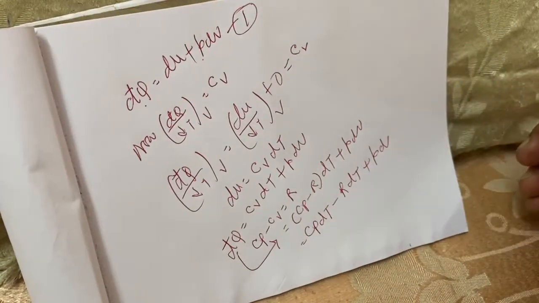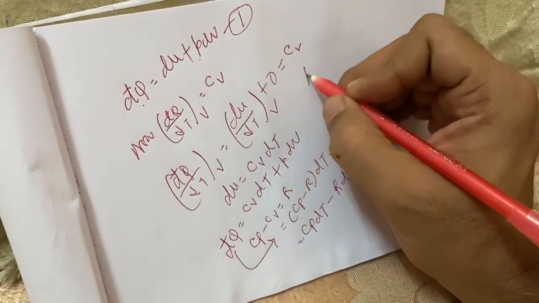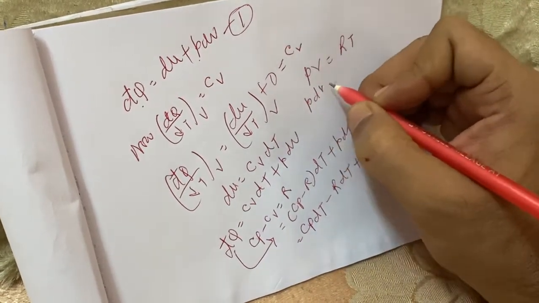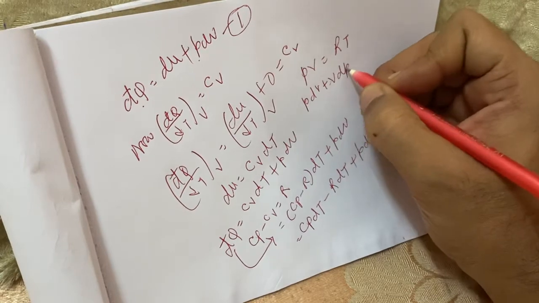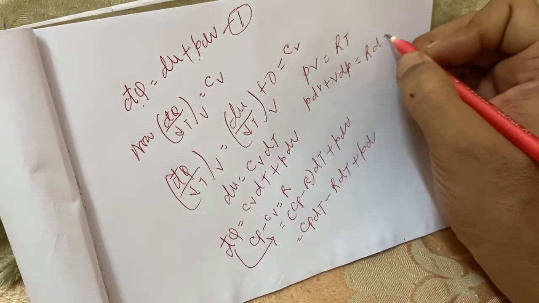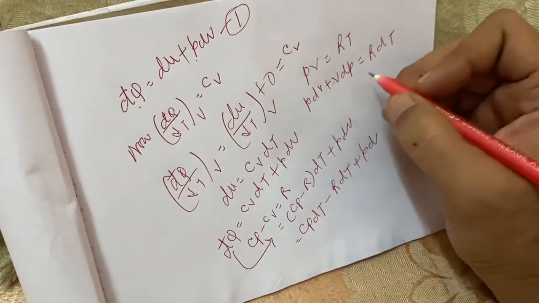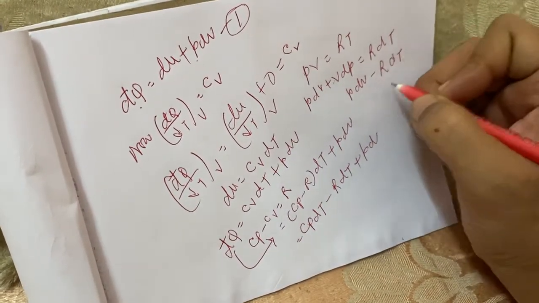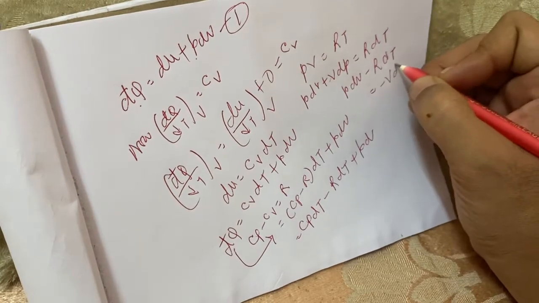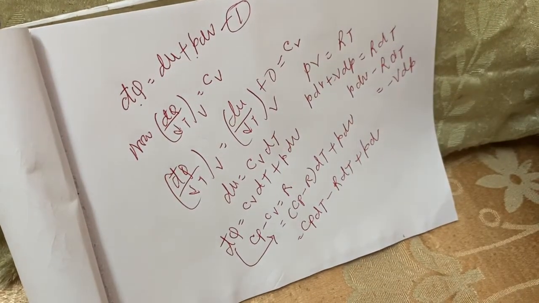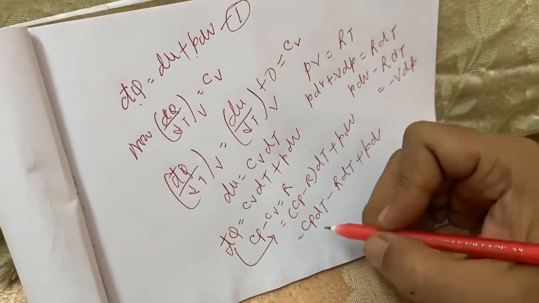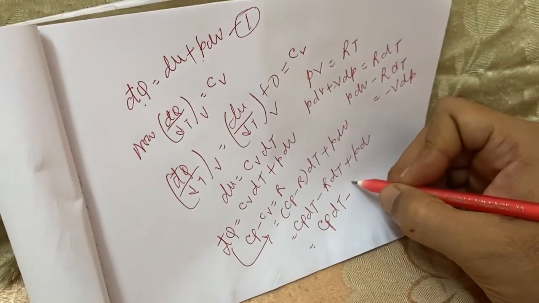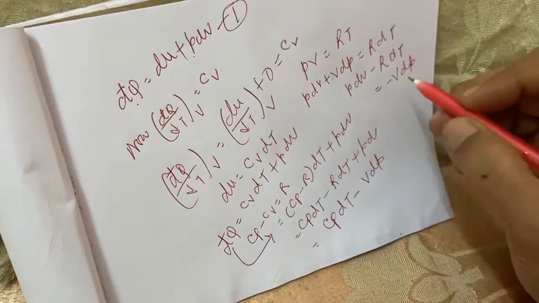Now, for an ideal gas, Pv is equal to RT, that means P dv plus V dp is equal to R dt. That means P dv minus R dt is equal to minus V dp. So, this equation becomes Cp dt minus V dp.